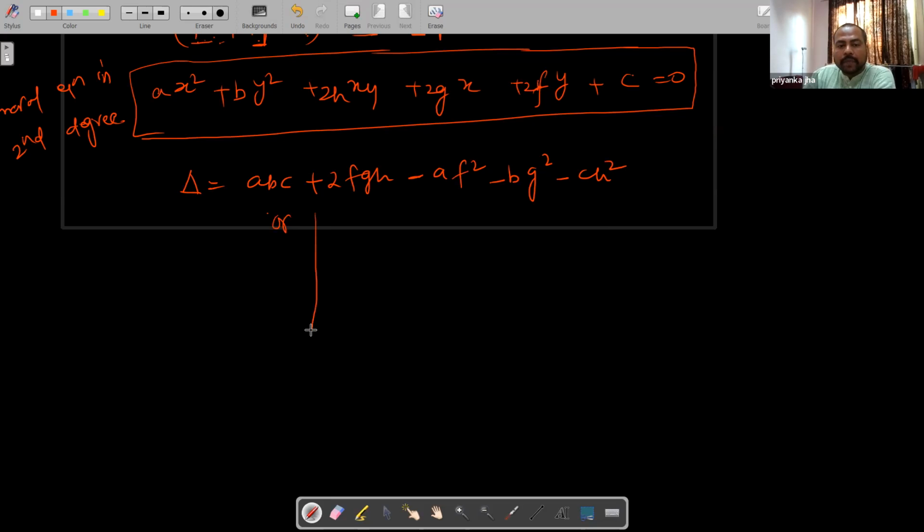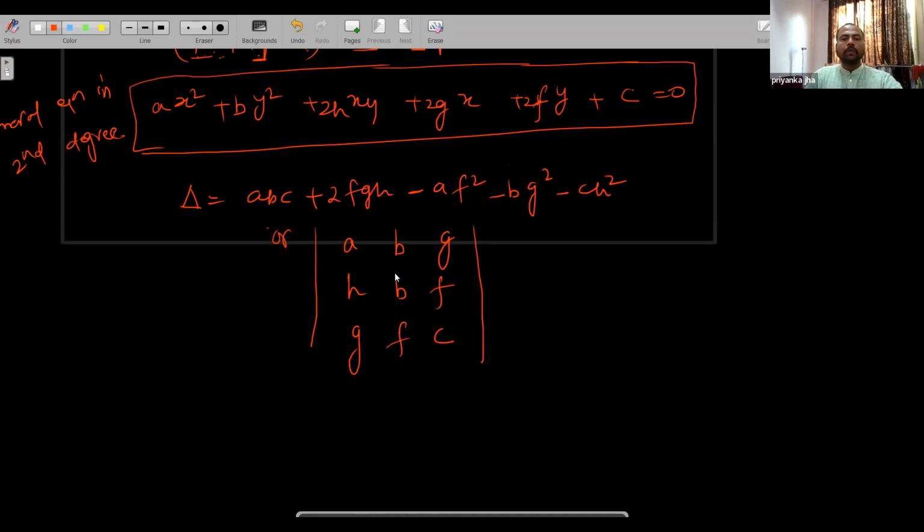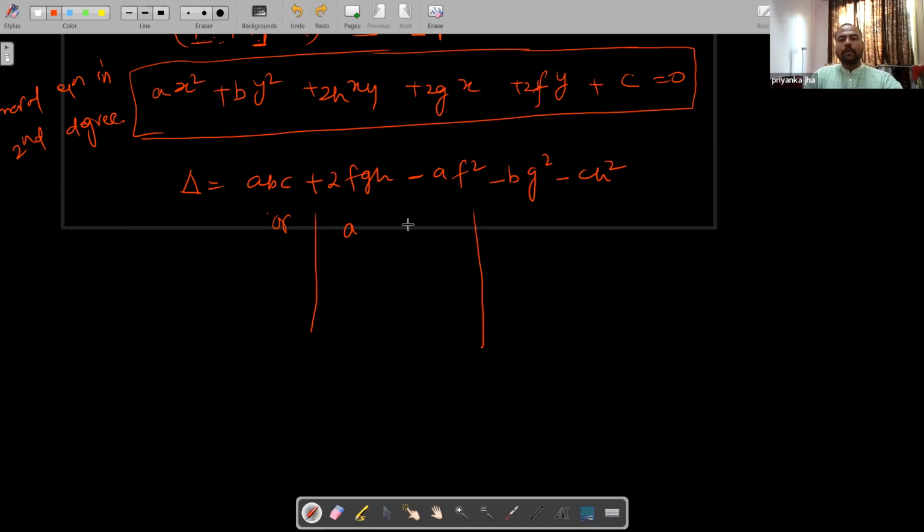This can also be written like this, equal to 0. Like that, you can make the determinant. There is a shortcut to remember this.